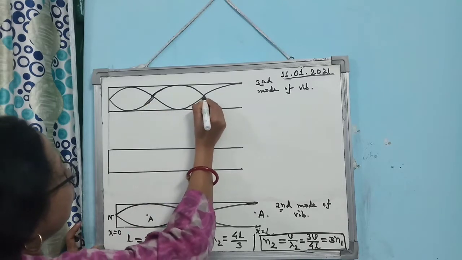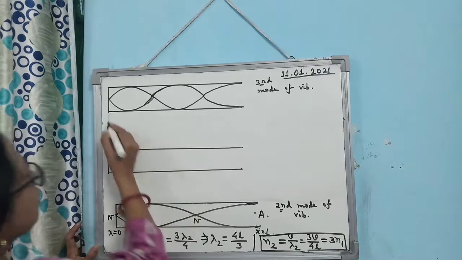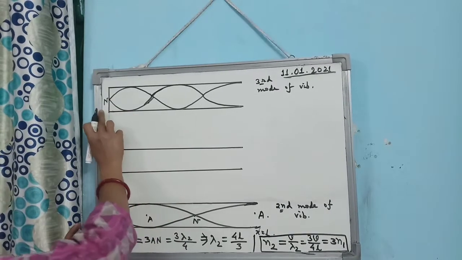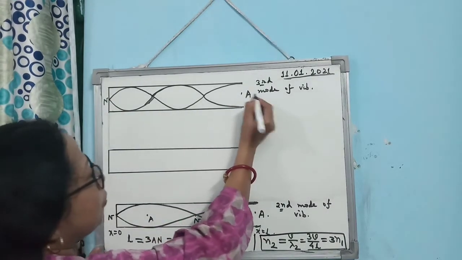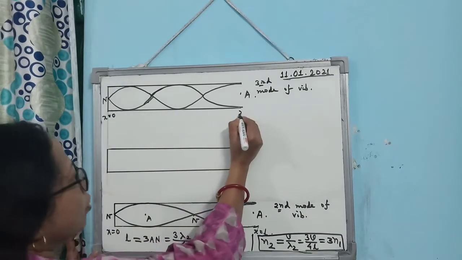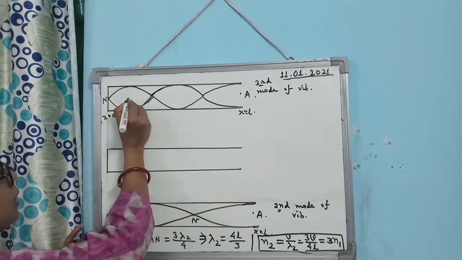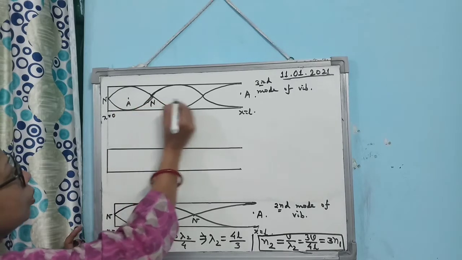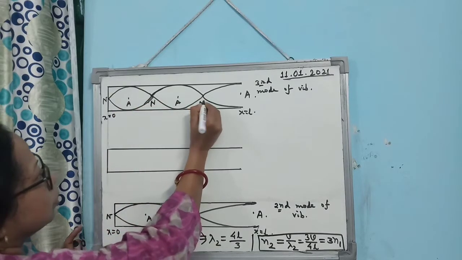Here again at the closed end you have got a node, at the open end you have got an antinode. This is X is equal to 0, X is equal to L. So here there is antinode, node, antinode, node.